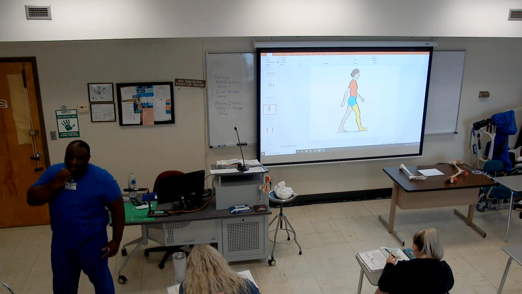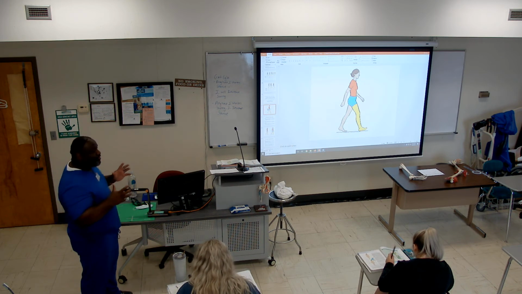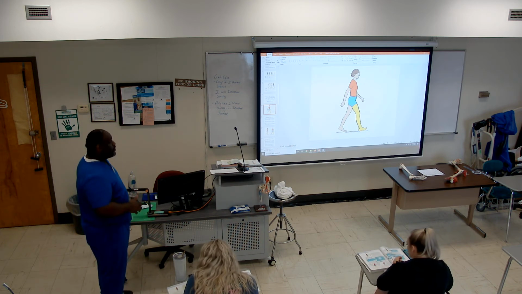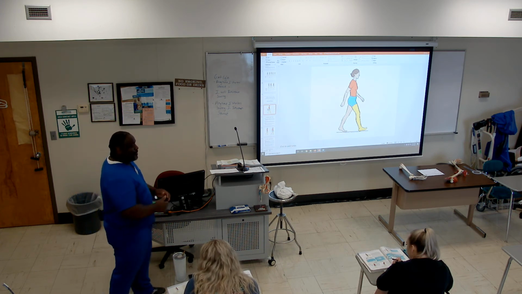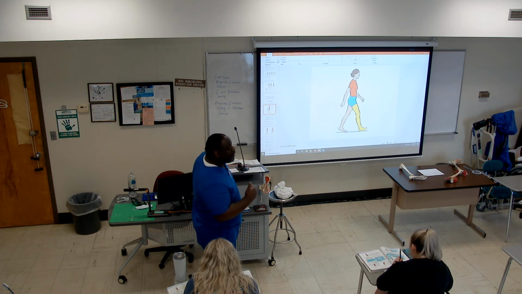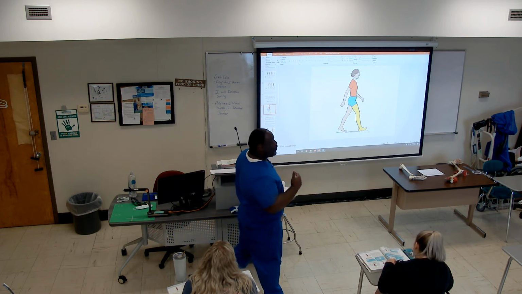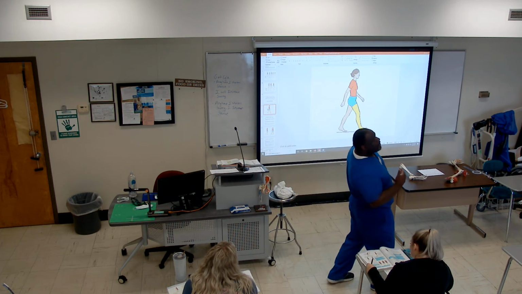That's the way I would walk, because glute max is not functioning in its capacity for weight acceptance during initial contact or heel strike. So I'm going to use my trunk extenders, erector spinae, to compensate, and that forces me to throw myself back when I initially contact the ground.